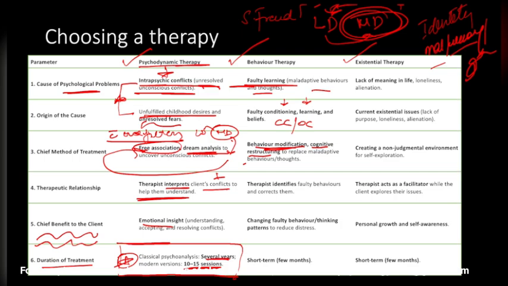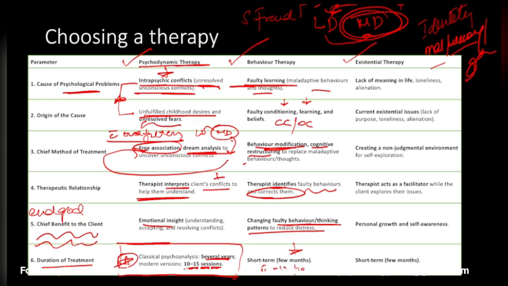Then the therapeutic relationship: the therapist identifies these faulty behaviors and, along with the client, tries to correct them. Here the end goal is changing faulty behavior or thinking patterns to reduce distress. This is short term and lasts a few months, usually about 6 to 12 or 20 sessions.